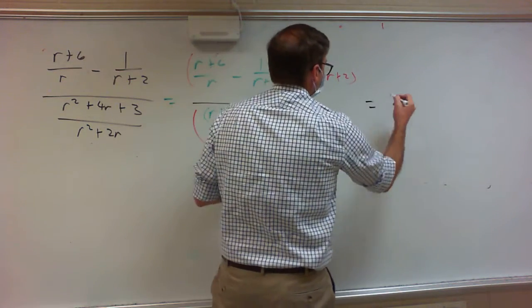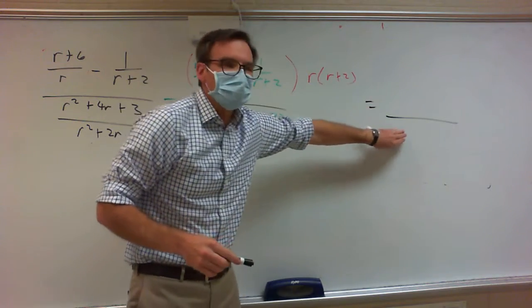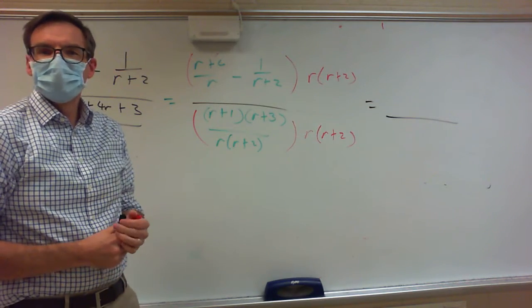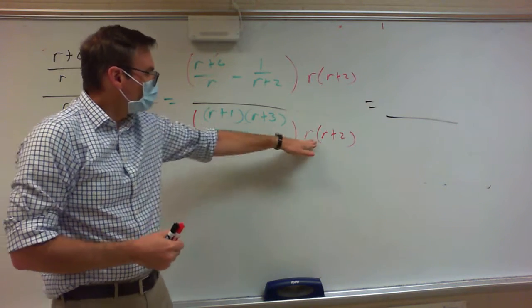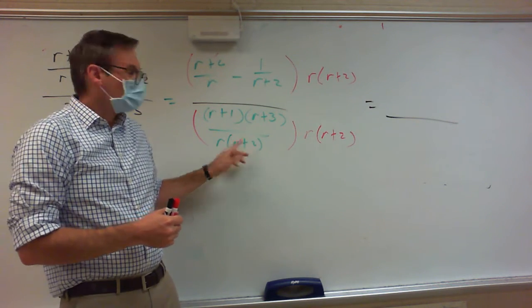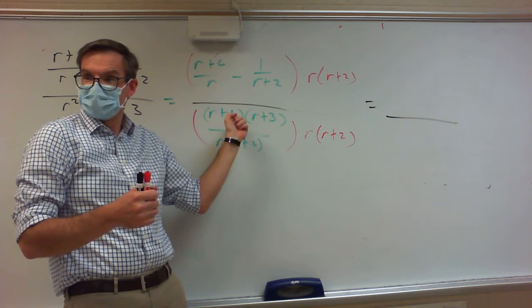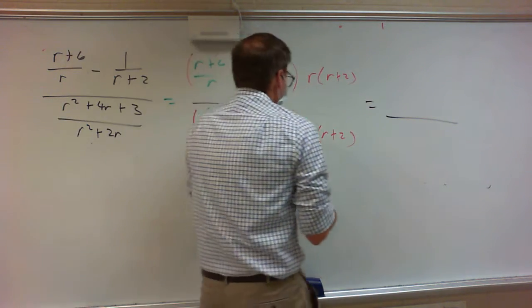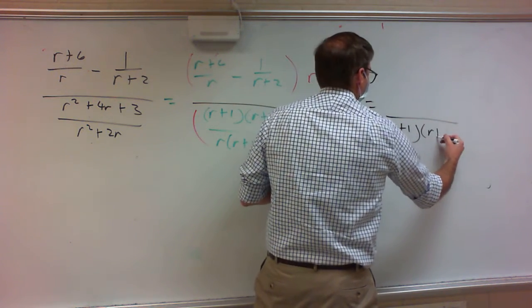Let's see. Let's deal with the bottom. What's going to be here now? 1. Well, this canceled, right? This thing, right? Everybody okay that's going to be the only thing in the bottom? So that gives me r plus 1 times r plus 3.